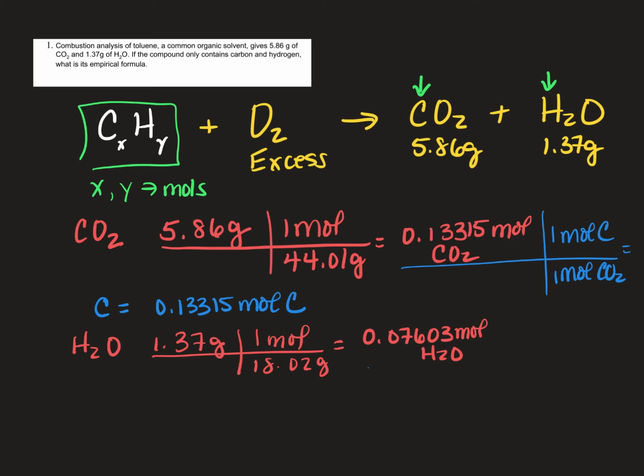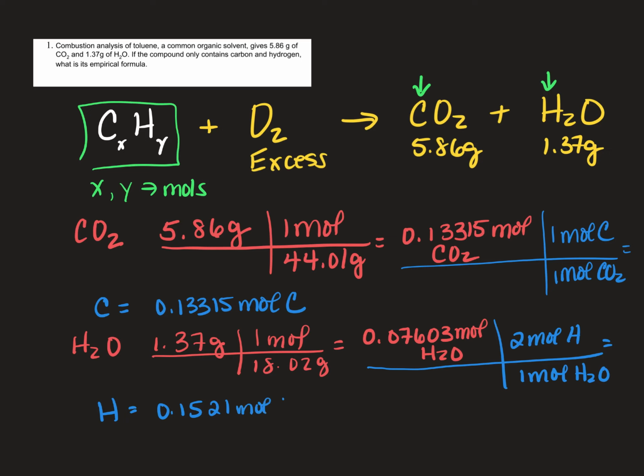Now you have to be careful here, because in 1 mole of H2O there's 2 moles of hydrogen, right? So for moles of hydrogen I have 0.1521 moles of hydrogen.